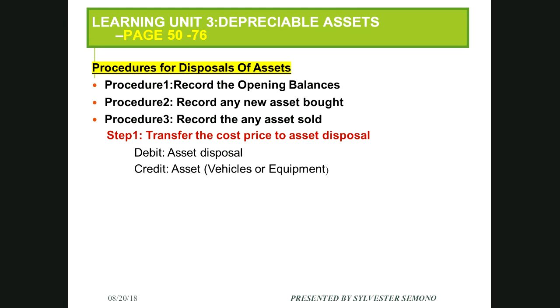Just know step number 1: we need to remove the cost price of that asset from the business. That's why I said you need to transfer the cost price to asset, but it makes sense by the time we take a question. Let me go to the next procedure.